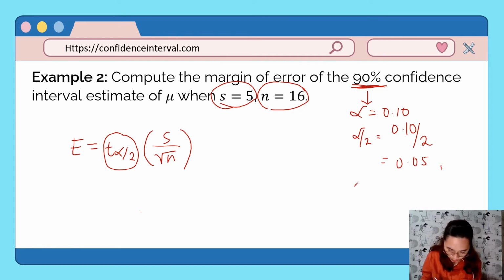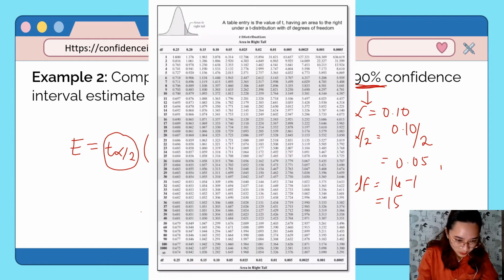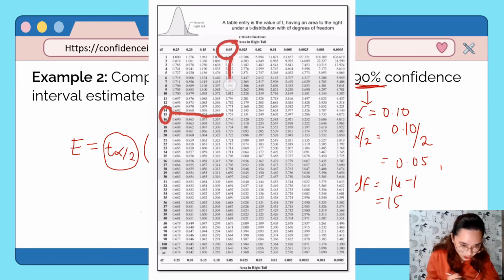Ngayon, ang kailangan naman po natin is the degree of freedom. So, ang degree of freedom is n minus 1. So, 16 minus 1 na po yan. So, that is 15. So, hahanapin na po natin ngayon sa ating T-table yung 0.05. Ayan, 0.05. And ang ating 15. Kunin po yung intersection. We have 1.753.